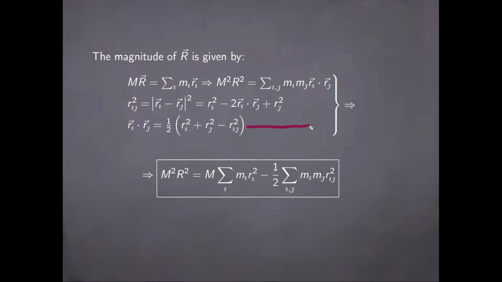And then if we bring this back up into the sum here, it follows in a very straightforward manner that M squared times R squared is equal to the total mass multiplying a sum over all particles taken for the mass of each particle multiplying its squared radius vector, minus 1 over 2 multiplying a double sum over the products of masses and the corresponding square of the relative distance.